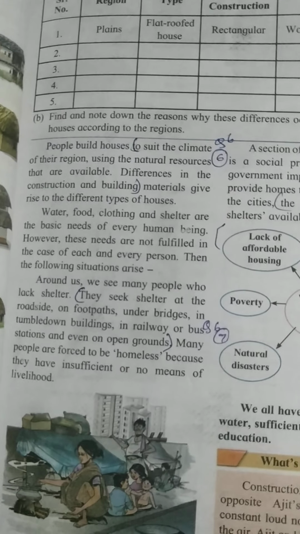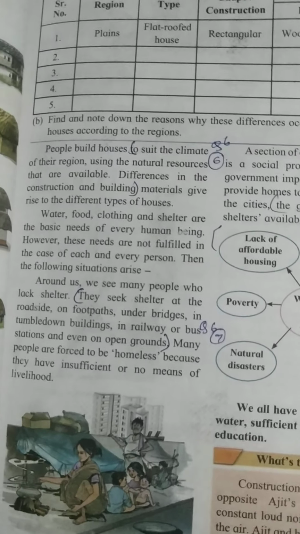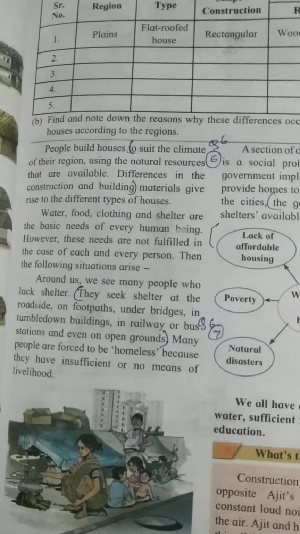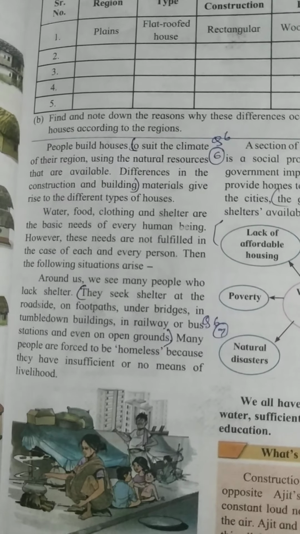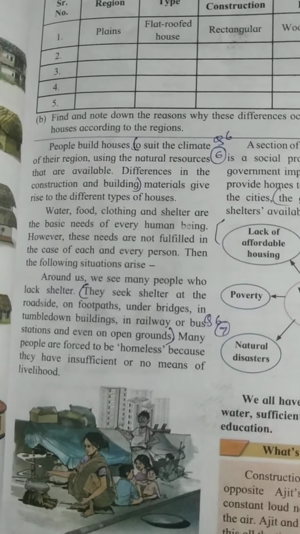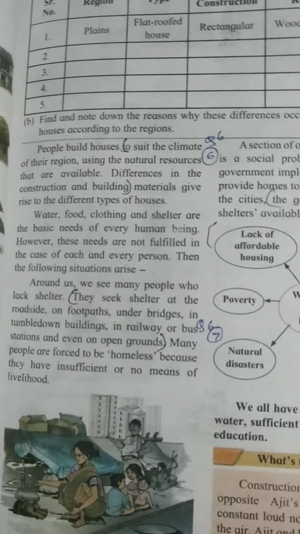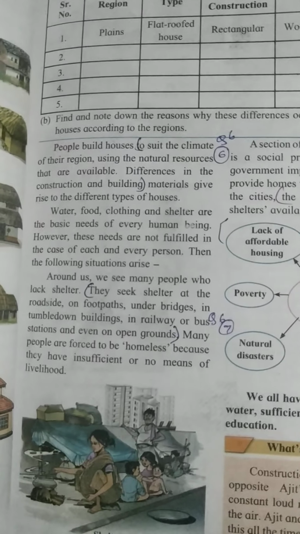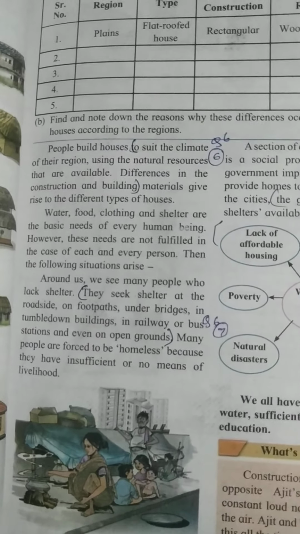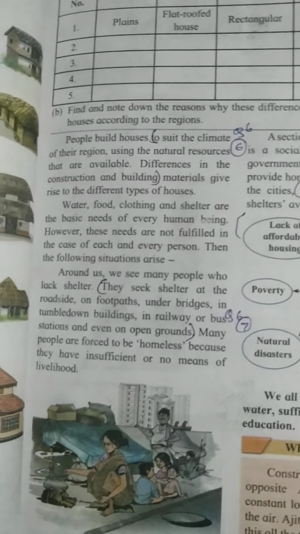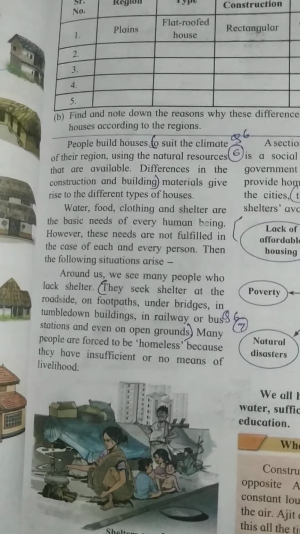In our Shivaji Chowk, on the left side of Shivaji Chowk, we observe that such people are living. They are taking shelter there because of the lack of shelter. Some people live on the footpath, some under the bridge, and some at the railway station and bus stops.